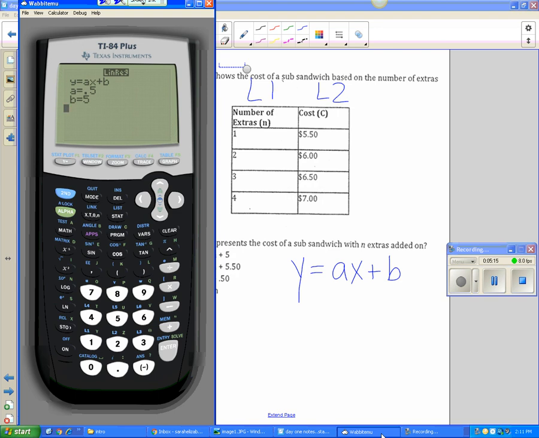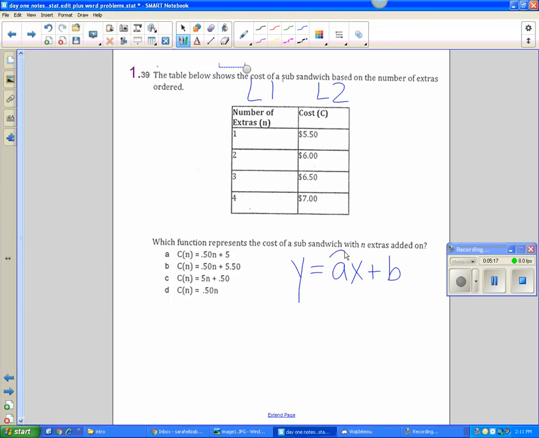So, just like we did last week, we're going to fill in for those 2 spots. So I'm going to put Y equals. Instead of writing A, I'm going to put the number 0.5, but I have to put an X beside it because it's my slope. Plus, what does the calculator say B is?